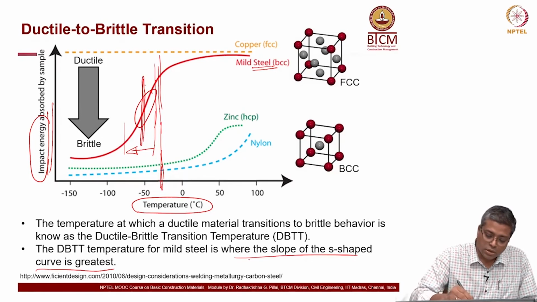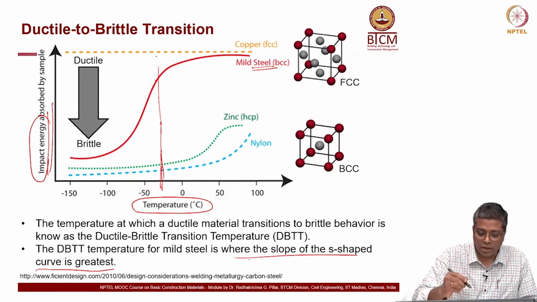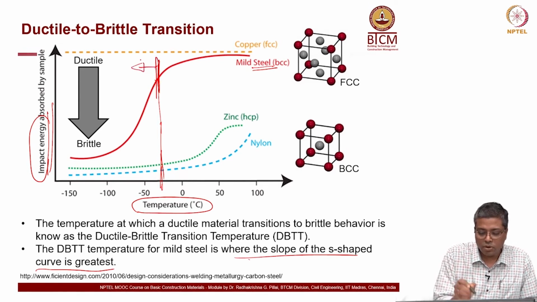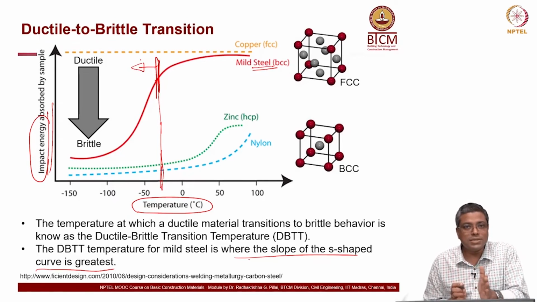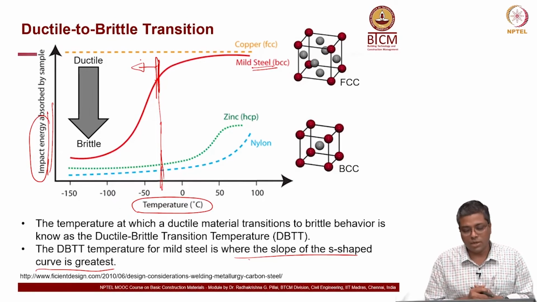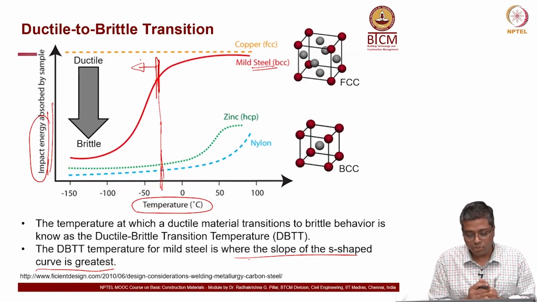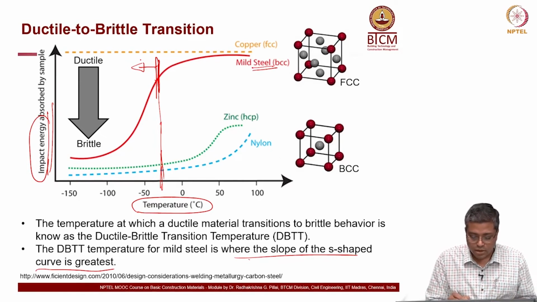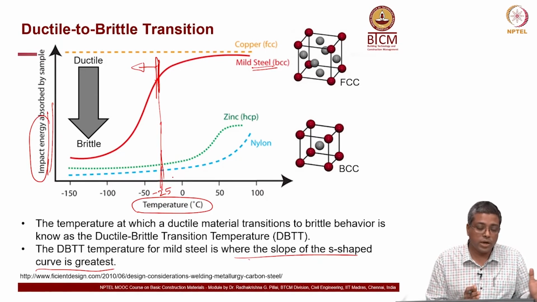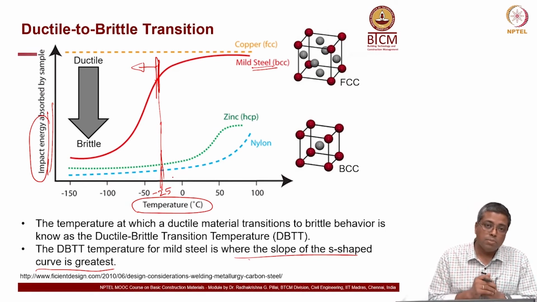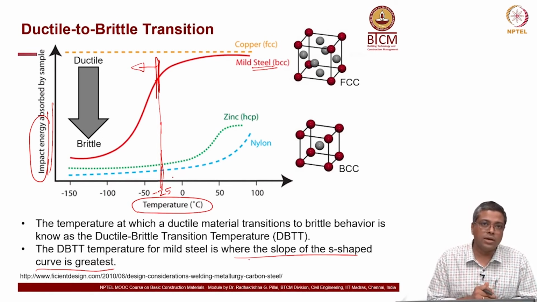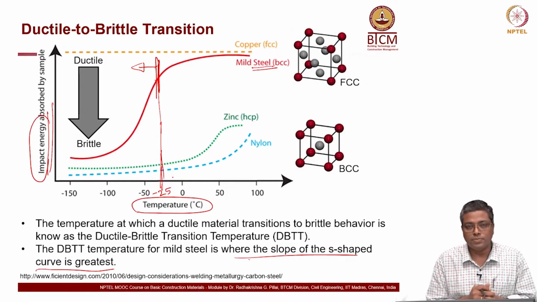So, the material starts behaving like a brittle material from about minus 25 degrees. From there onwards, as you reduce the temperature, the mild steel behaves like a cast iron. Cast iron is very brittle.